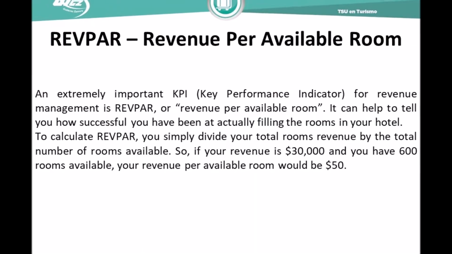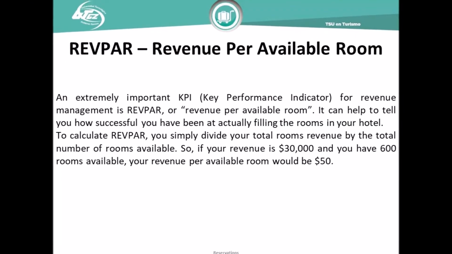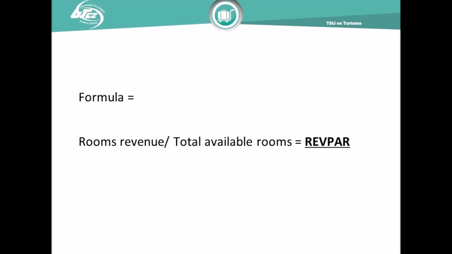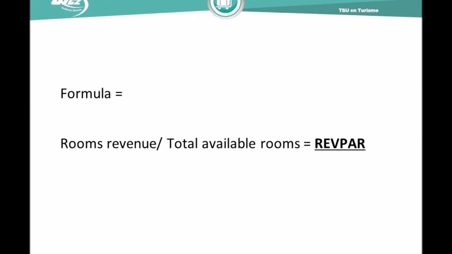Well, the first of them is the RevPAR, which means revenue per available room. As the name says, this is very helpful to know what is the revenue that we are obtaining per each room that we have available in the hotel. And for that we're going to use a formula, which is the following. To calculate the RevPAR is very easy.